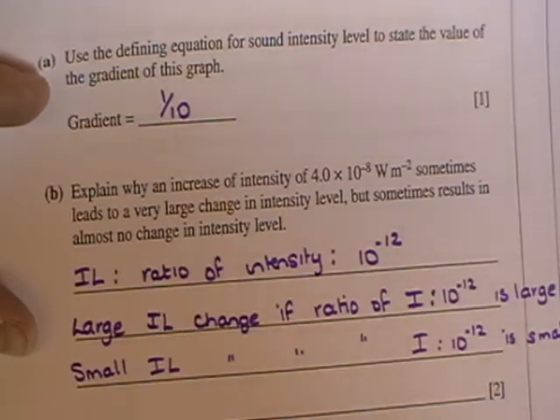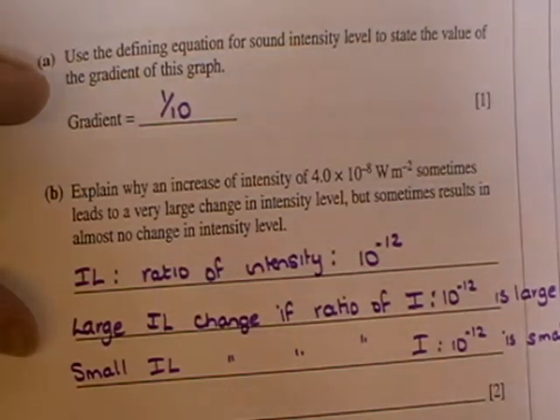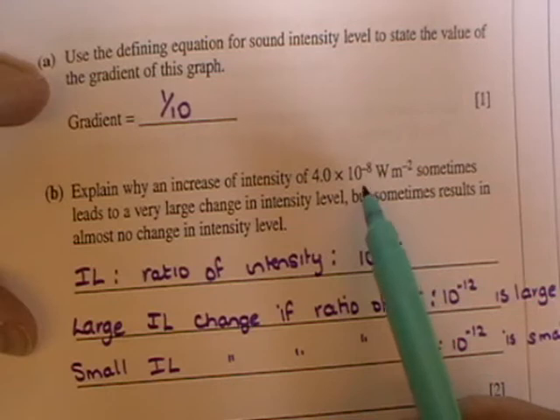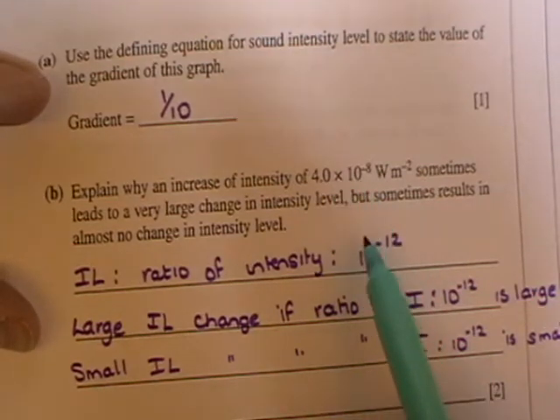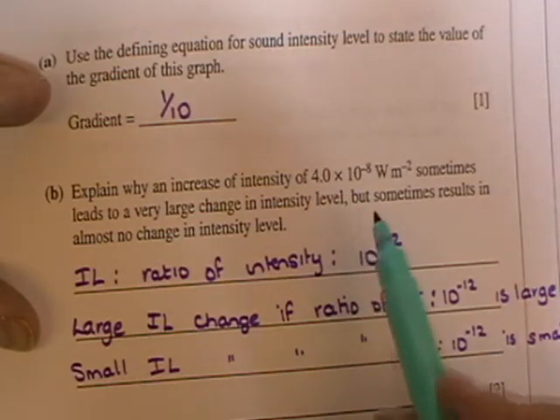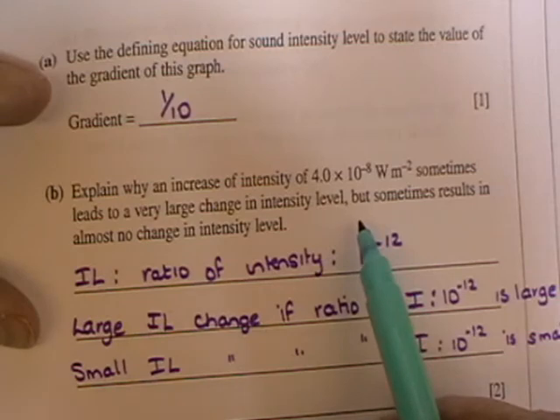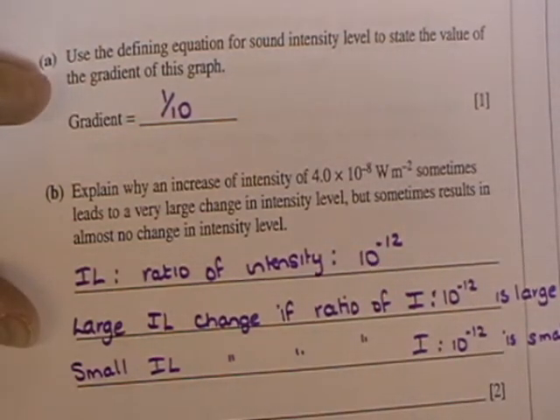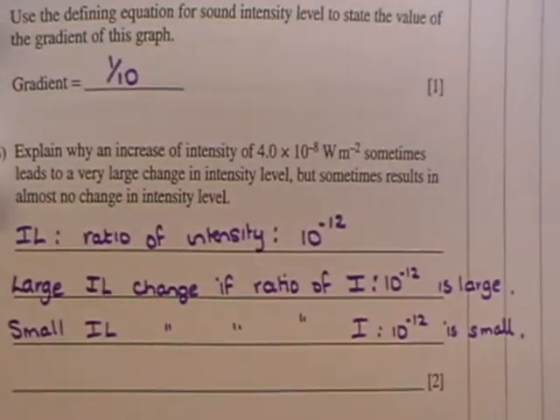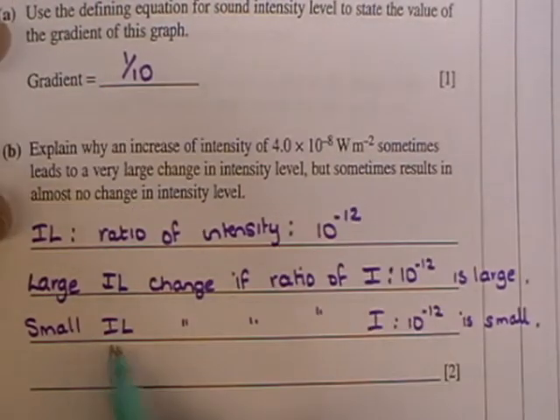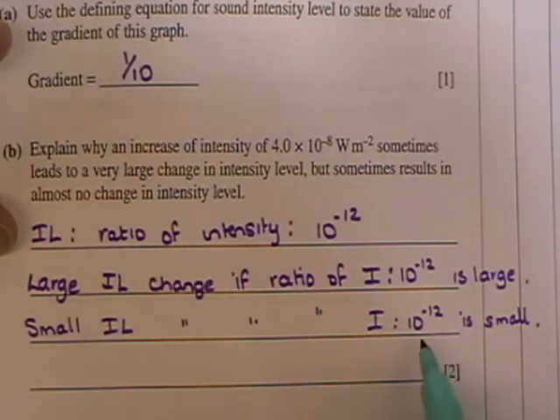And that's why, even though there may be a change, if you have a very small change from, say, 2 to the minus 10 up to something else, it depends on how big the change is compared to the 10 to the minus 12.